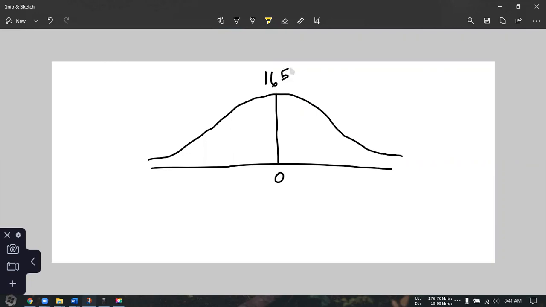Looking for the number of students whose height is between 156, somewhere here. This is 156.